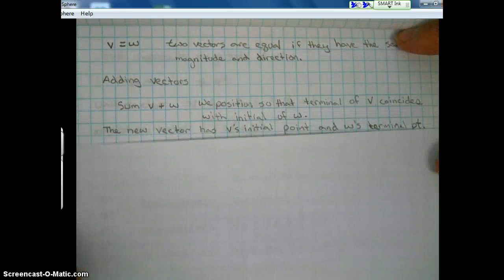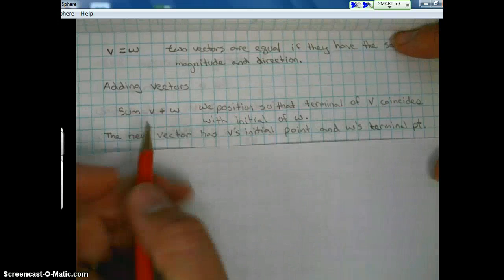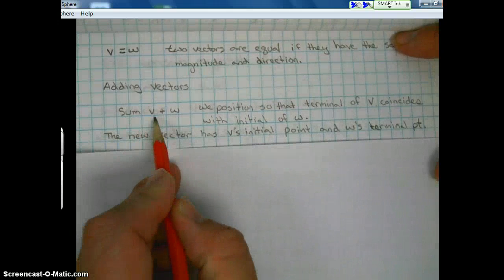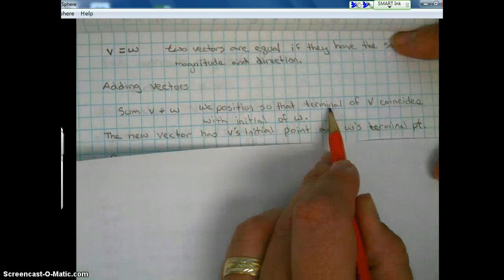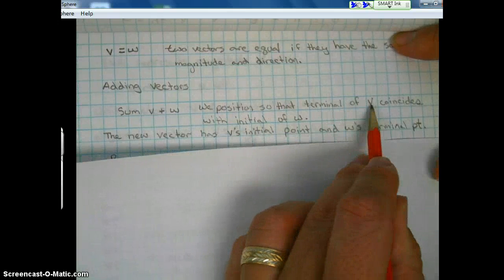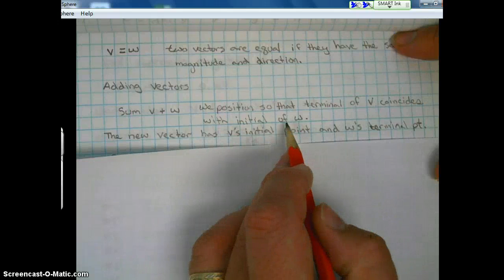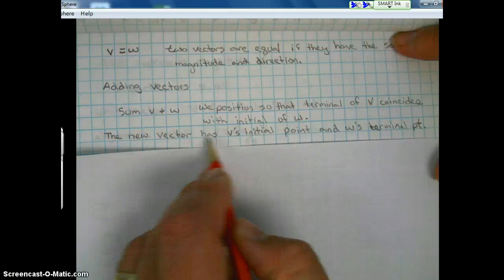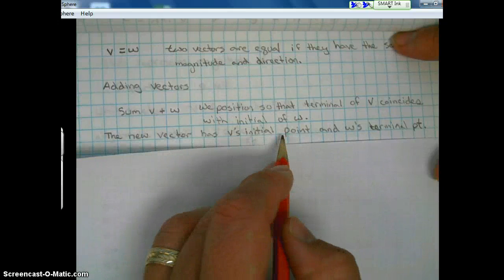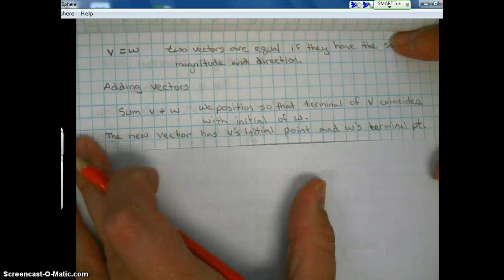Now let's talk about adding vectors. For example, if we're adding vector v and vector w, we position it so that the terminal point of v coincides with the initial point of vector w. The new vector has v's initial point and w's terminal point.